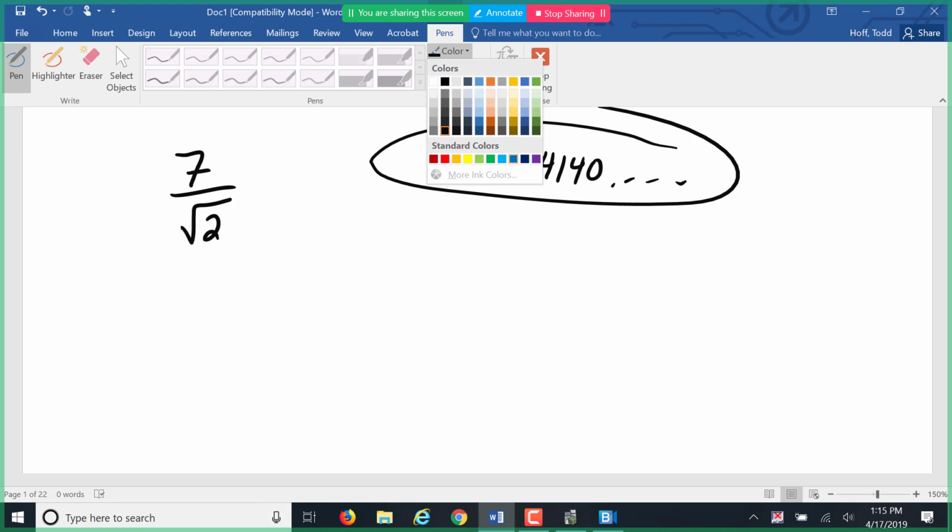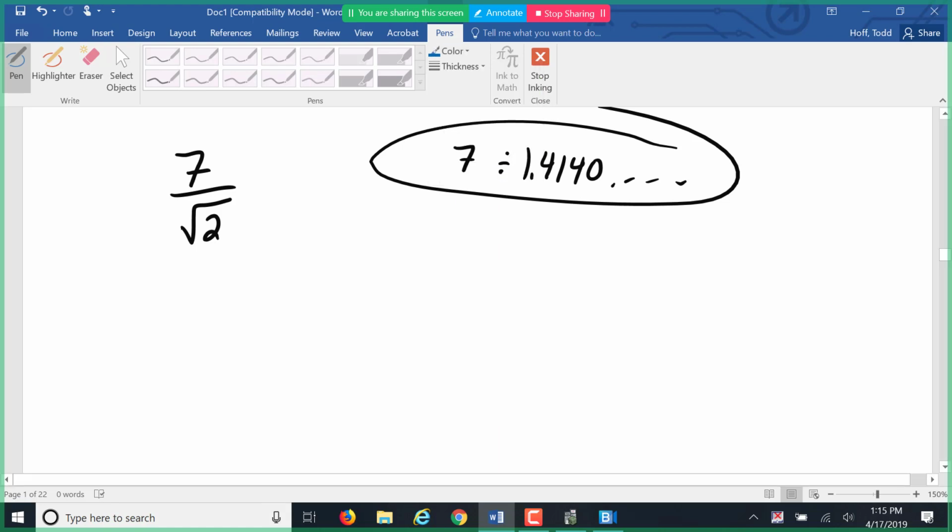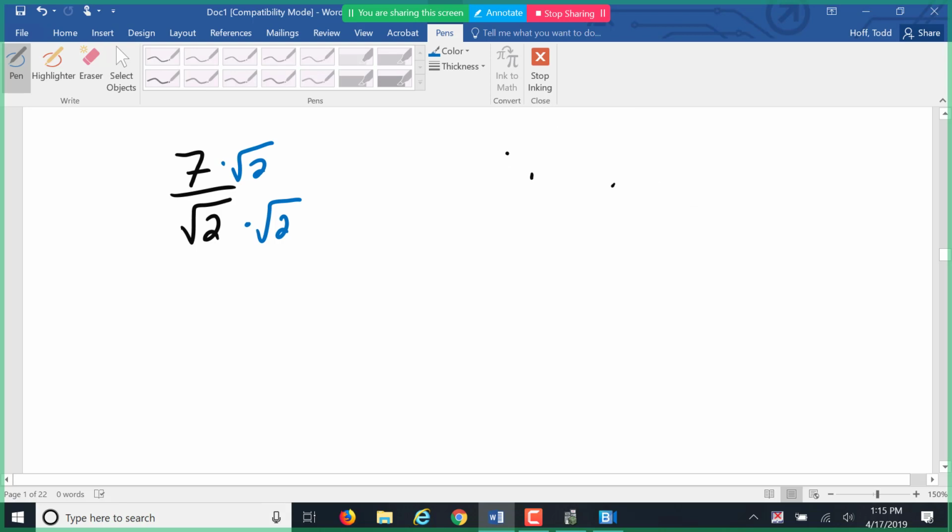So they do a process called rationalizing a denominator where they get that radical out of the denominator. Well, remember, you can multiply a fraction by anything you want to, as long as it's the same number in the numerator as it is in the denominator. So I just multiply by the square root of 2. So on top, that gives me 7 times the square root of 2. On bottom, what's the square root of 2 times the square root of 2?